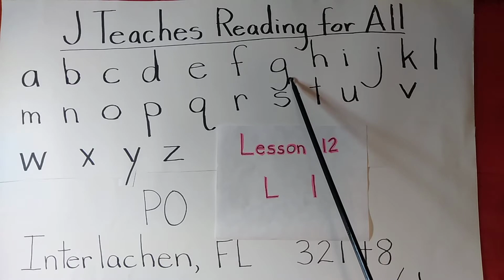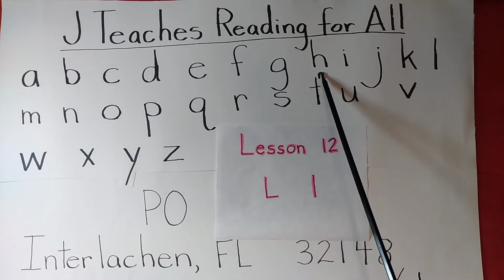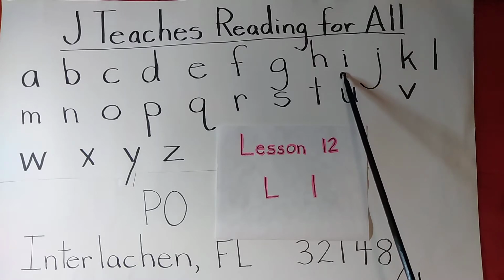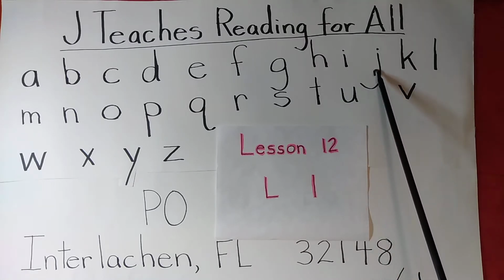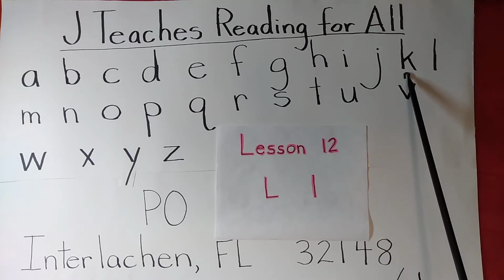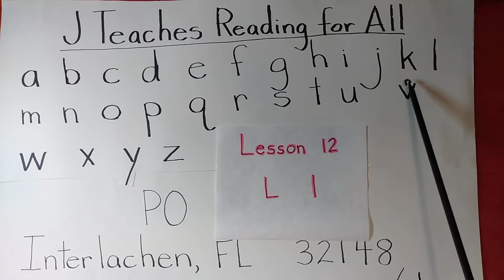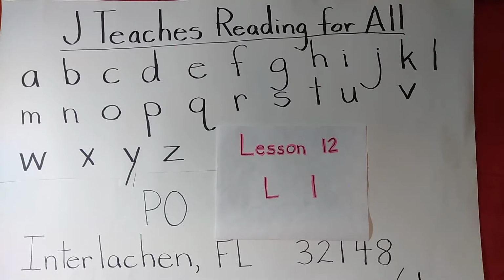G, gun. H, house. I, Indian. J, jet. K, kite. All right, now we're going to review words in the last two lessons.